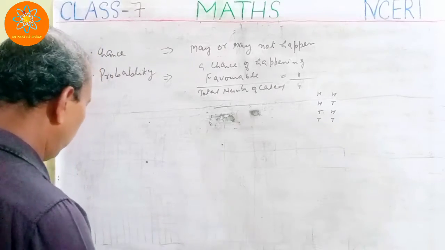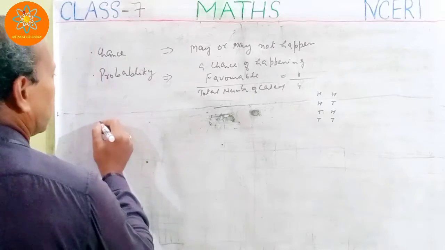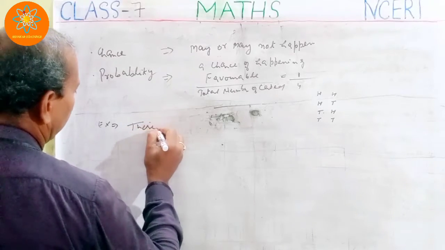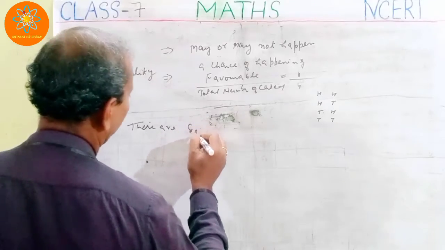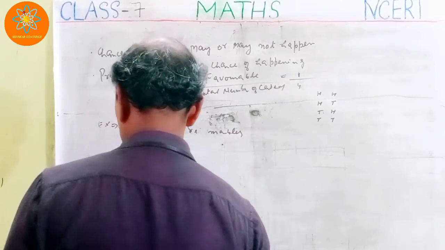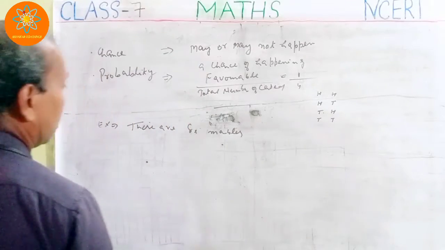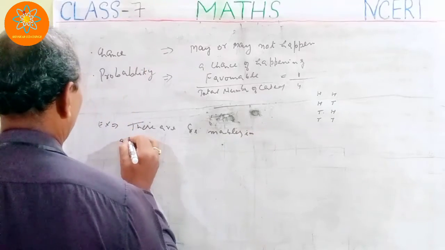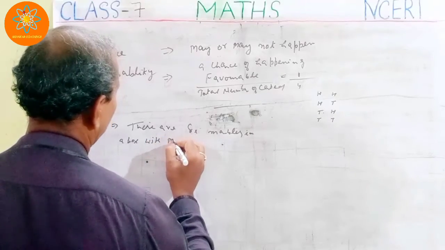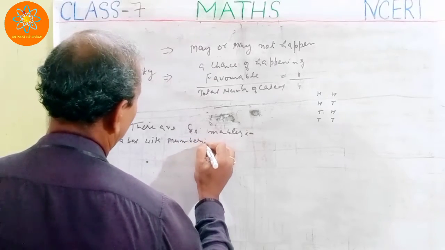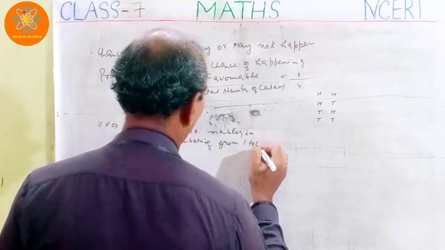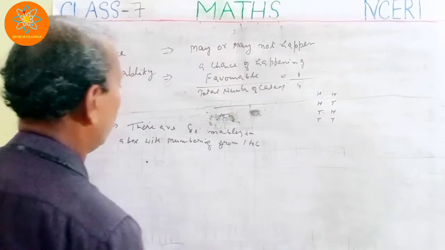Now we are seeing one more example. Let's suppose there are 6 marbles in a box with numbering from 1 to 6.